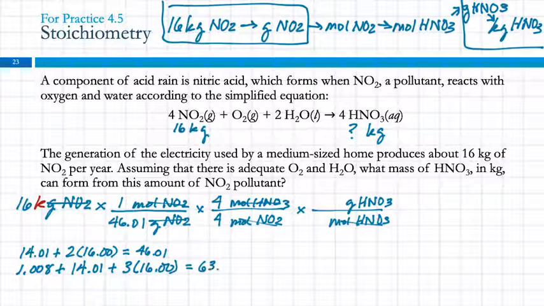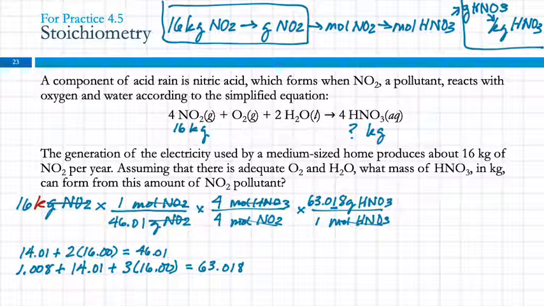That's 63.018. 1 mole, 63.018 grams. So I'm going to take 16 divided by 46.01 times 4 divided by 4 times 63.018.